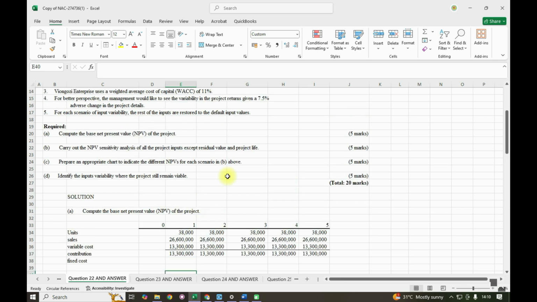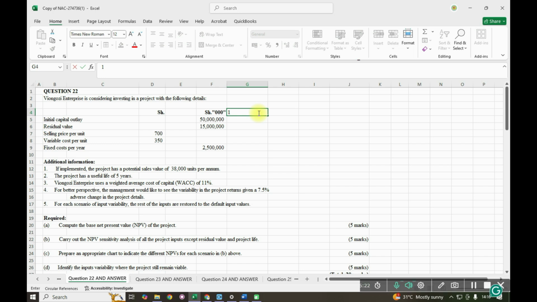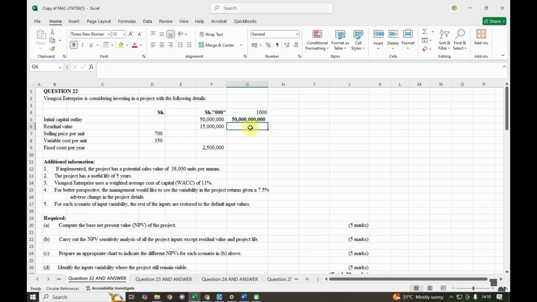And for the fixed cost, I will multiply this value by 1000, or I'll just rewrite it. No, here just put 1000. So this one will be this multiplied by this to get the whole value.